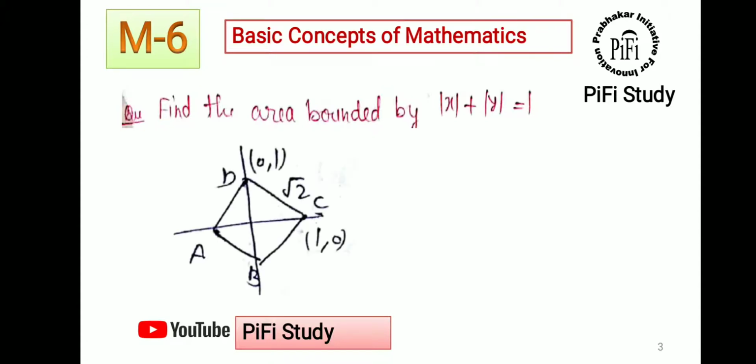So we will start solving this. As I told, it is kind of a square. Then we will calculate the length of one side, like ABCD. It is a square, so if we calculate the length of AB or BC or CD or AD, then we can just square any side of the square.